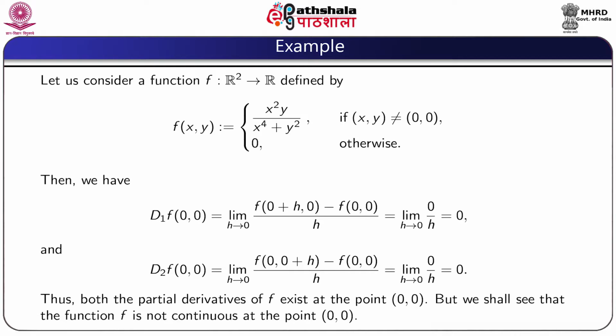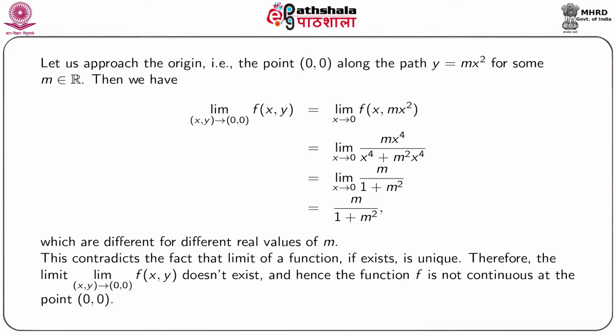Now, we shall see that the function f is not continuous at this point. We approach the origin along the path y equal to m x squared, that is a parabolic path, for some m in R. We find that the limit of f(x, y) as (x, y) approaches (0, 0) is the limit of f(x, m x squared) as x tends to 0.